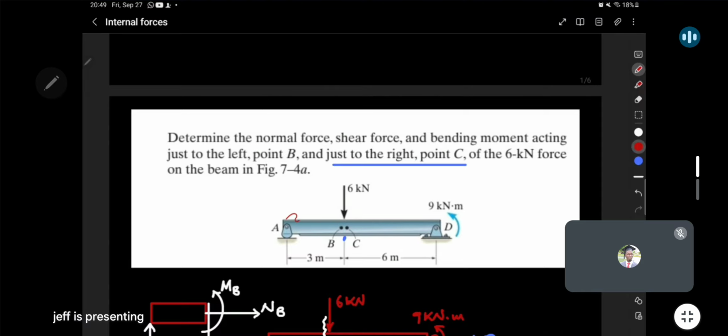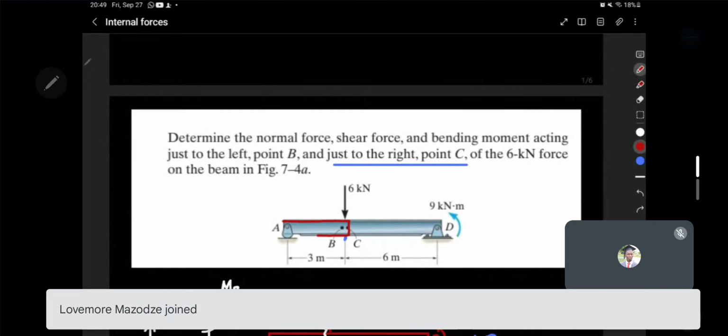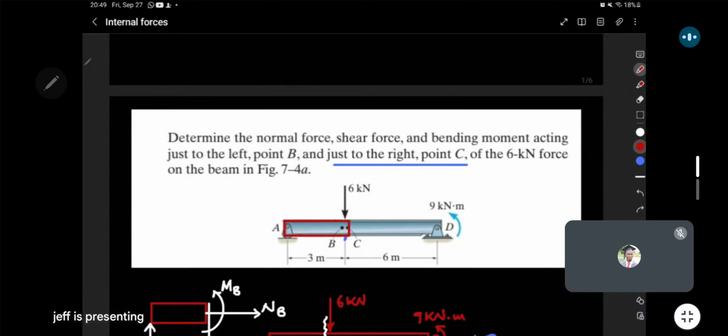So here we'll stick to one side, meaning we'll exceed B and come closer to C there, so that we analyze what is happening just to the right of C. So we'll go all the way up to C, but just at C, and then come back this way, so that we still keep on using the support at A, which we already found as 5 kilo.